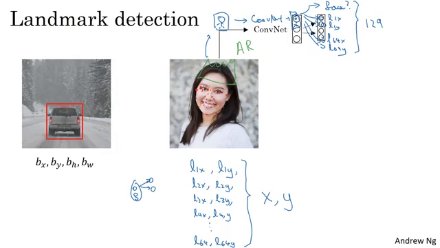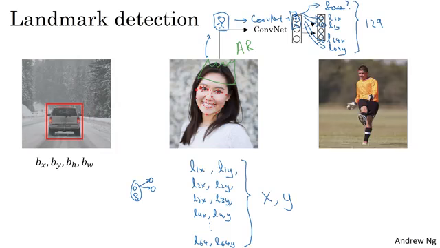One last example, if you are interested in people pose detection, you could also define a few key positions, like the midpoint of the chest, the left shoulder, left elbow, the wrist, and so on, and just have a neural network annotate key positions in the person's pose as well.